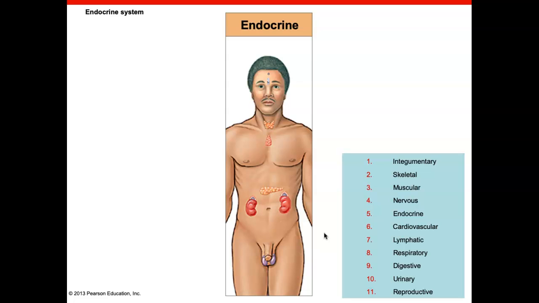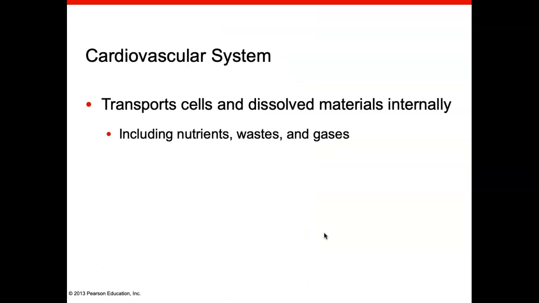I'm sure you know what the cardiovascular system is made of and does. It's made of the heart and veins and arteries and other blood vessels, and it transports nutrients, wastes, gases, cells, antibodies, hormones, everything the body needs.